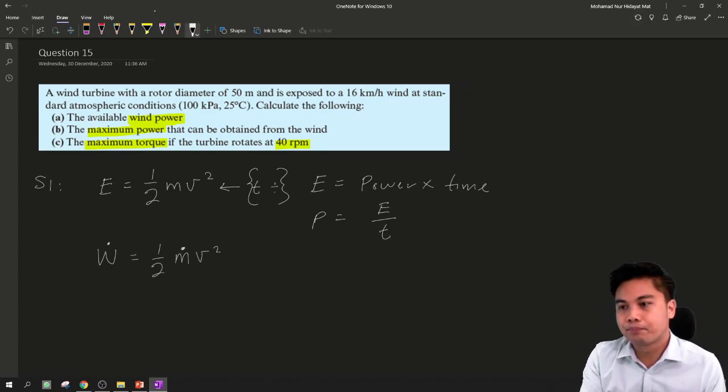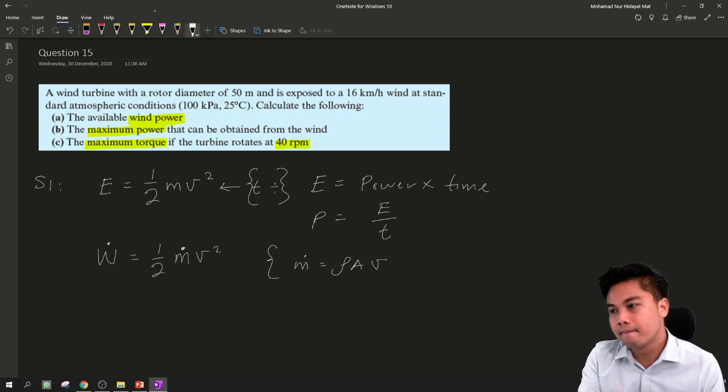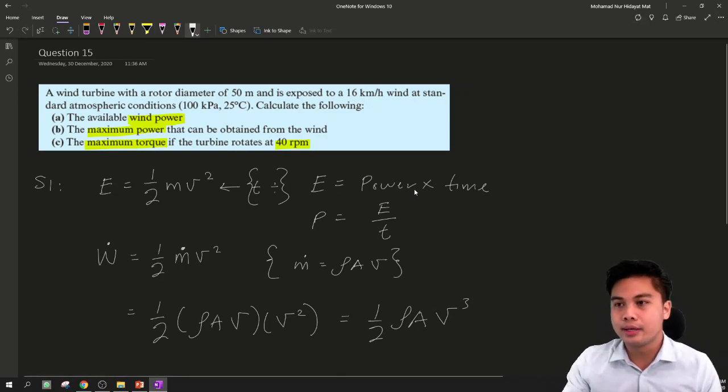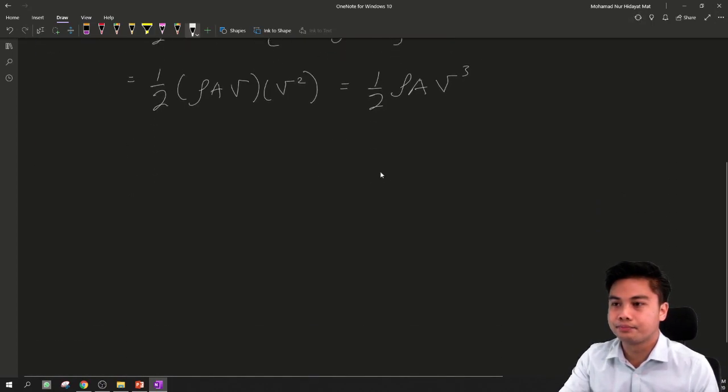We know that mass flow rate is equal to rho A V, so we replace the mass flow rate with rho A V, multiplied by V squared. You simplify, you will get 1 over 2 rho A V cubed. This is the power input from the wind to the turbine.